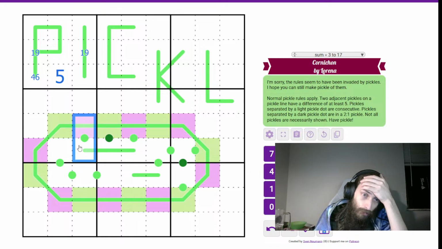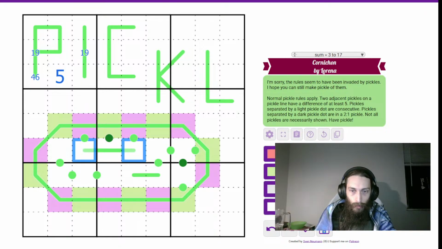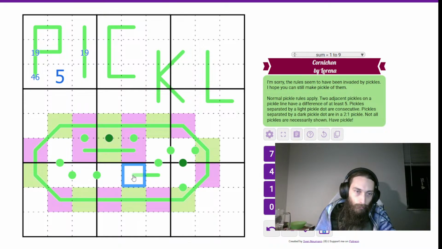Now, from here, because we end up on another pickle line that cannot have a 5 on it, these two are going to have to be purple and this one green.